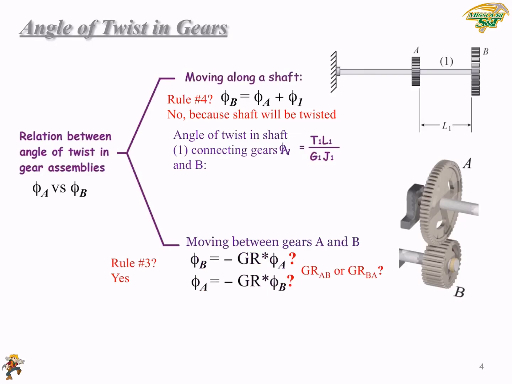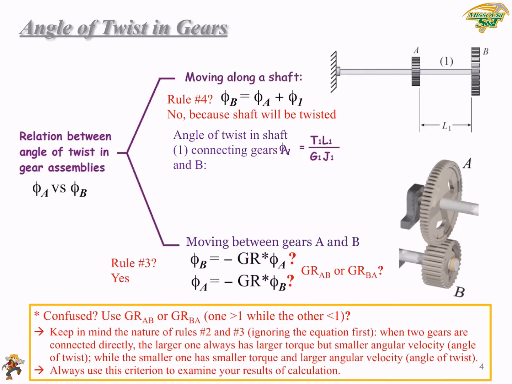Although I have given clear definitions to gear ratio AB and gear ratio BA, I think it's always confusing. So to simplify this, please just ignore these equations and ignore the definitions of gear ratio. Just keep in mind that these gear ratios can be calculated by diameter ratios or number of teeth ratios. One of them is larger than 1, while another is smaller than 1. So please ignore these details.